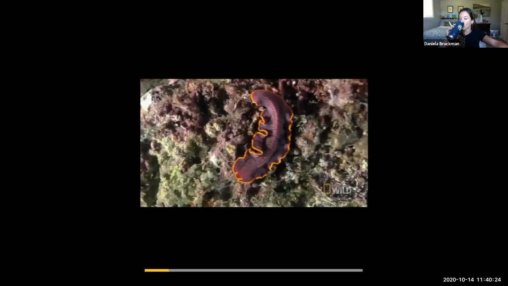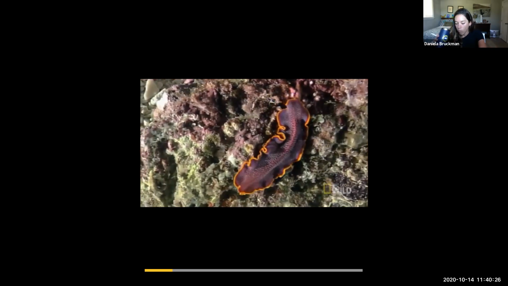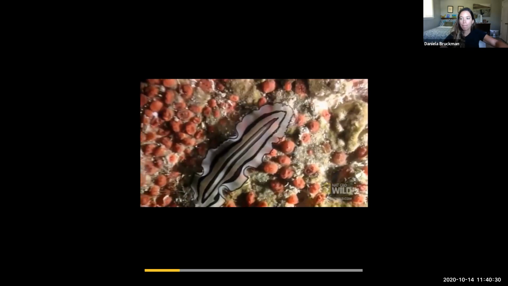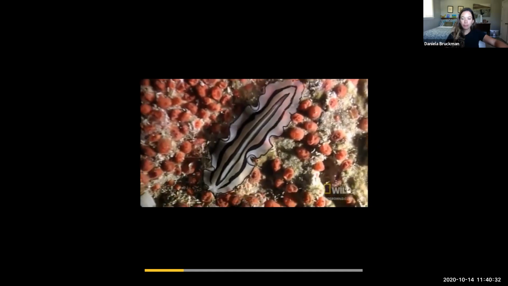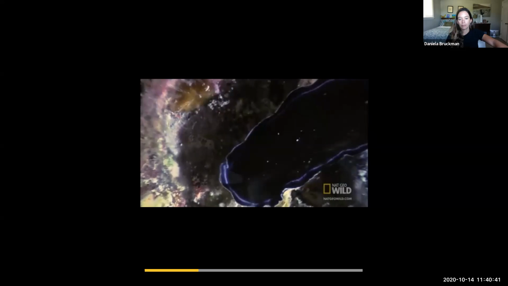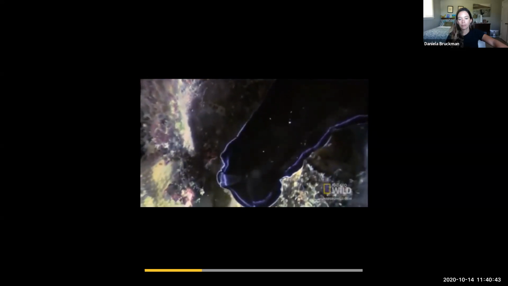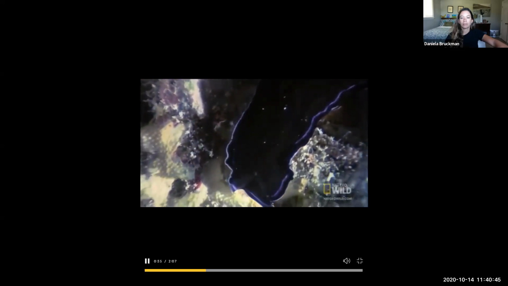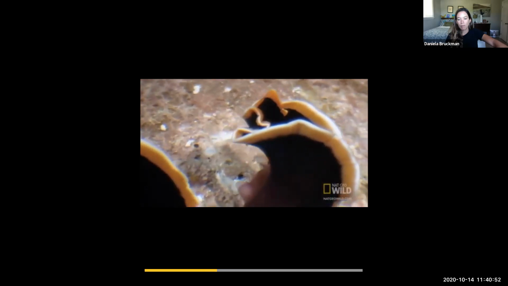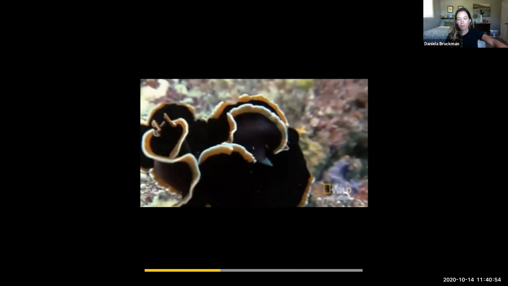Flatworms have both male and female sex organs. But when it comes time to make little flatworms, they have to decide who plays which role. And that they fight over. The two flatworms rear up, exposing their midsections.